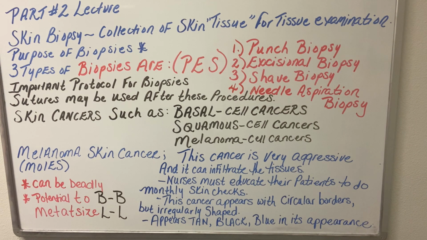This pretty much sums up what we're talking about with the different types of cancers, the things you need to be looking out for, the biopsies, and the purpose of why these biopsies are done, because they can pick up these abnormalities in skin cancers and cancerous cells.